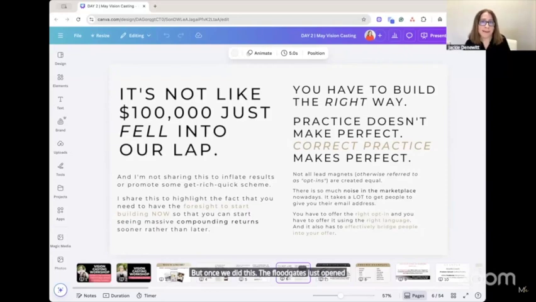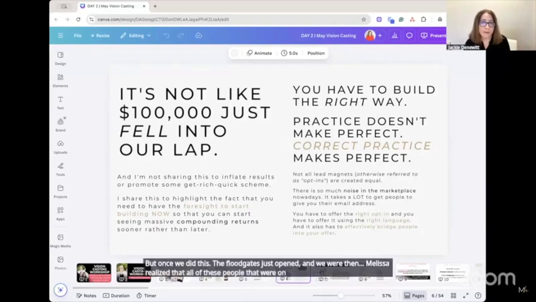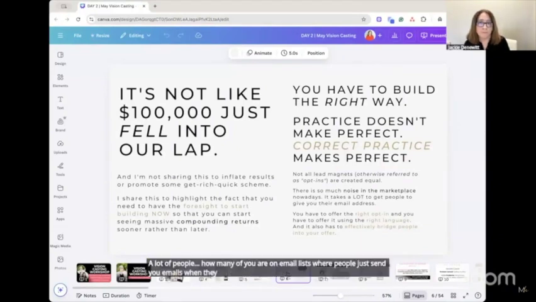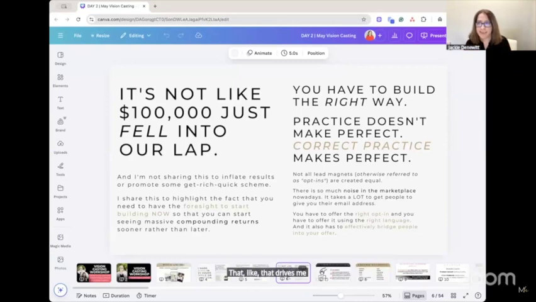Melissa realized that all of these people on our email list, we could sell to them, right? We had earned the right to sell to them. And I think that's what's really important. How many of you are on email lists where people just send you emails when they want something from you? That drives me insane, like when they have a new offer or if they're launching.